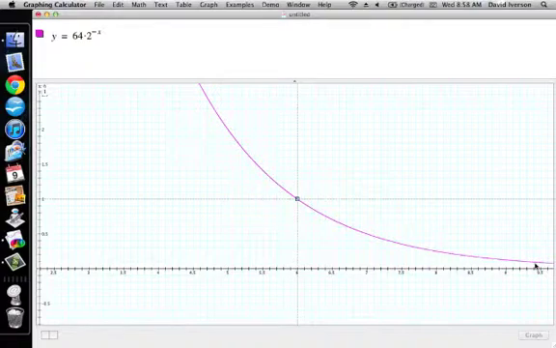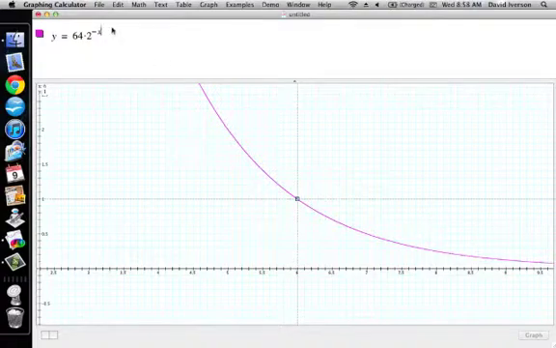You don't go down to half a team, then a quarter of a team, then an eighth, then a 16th, and then a 32nd of a team. In the same way with exponential decay, once you get down to 1 atom of uranium, that one atom doesn't decay into half an atom of uranium and then into a quarter of an atom. It eventually just decays and then you're out of uranium.